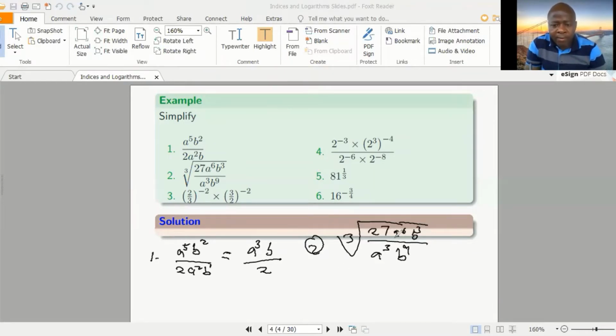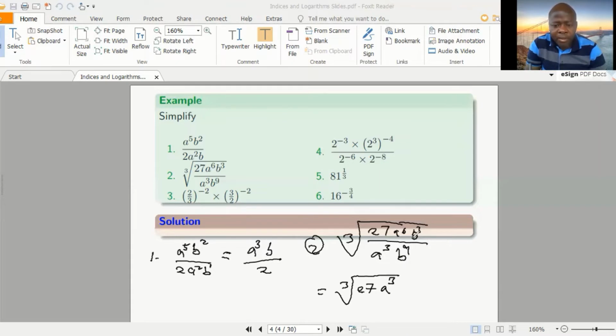And so I have a raised to 6 in the numerator and I have a raised to 3 in the denominator. So this is the same as the cube root of 27. I just want to simplify first of all. A raised to 6 minus 3 would be a raised to 3.